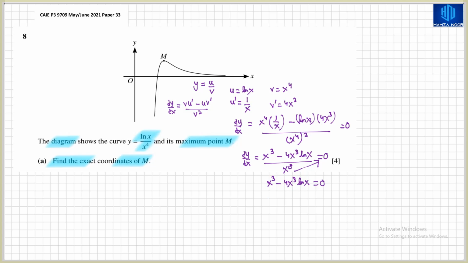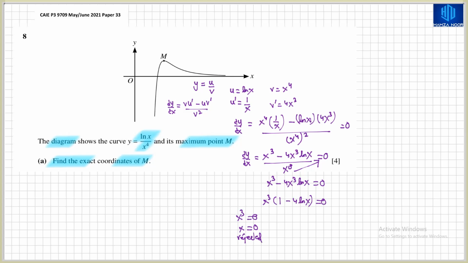So we can factor out x cubed. Taking x cubed as common, multiplied by 1 minus 4 ln x, and this whole thing equals 0. To solve this equation, first x cubed equals 0, so x equals 0. But this will be rejected, since we are interested in the x coordinate of M, and obviously it is other than 0.